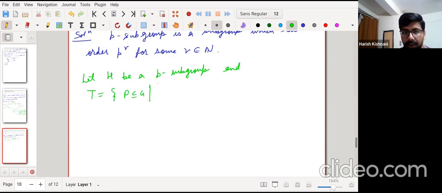P is a subgroup of G such that P is a Sylow subgroup.